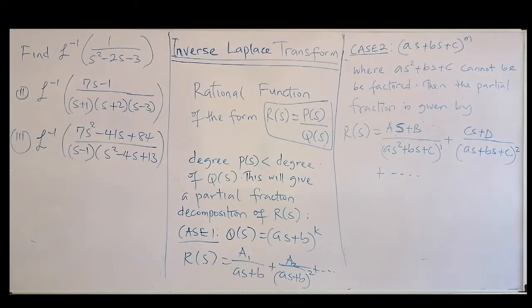Then case two is when you have a quadratic at the denominator, whereby you can't factorize that quadratic expression. So in that case it's going to give you this form. But don't worry, we're going to look at applications right now on all this. We're going to apply all this and give more in-depth understanding.